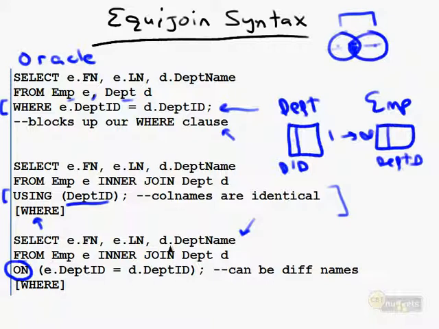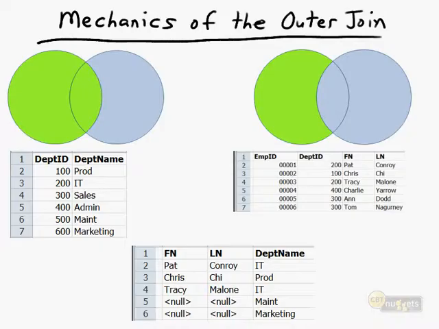But what's nice about the on syntax is that it opens up the where clause, and it also gives us the ability to have the matching column have a different name. So we just specify on, and then I use parens. You don't have to, but I want to be as explicit as possible, and then specify the exact name, table.column name, for each of those columns indicated in the join. Pretty straightforward, I hope?